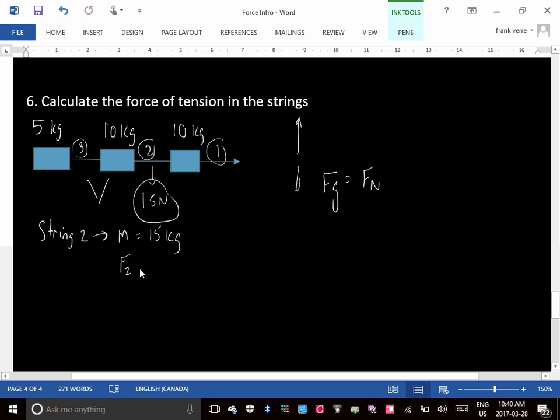We're told that string 2 has a force of 15 newtons, and string 2 pulls these two masses, which have a combined mass of 15 kilograms. So if I was to say to you, imagine that we did not have the first block, we ignored it, what would be the acceleration of these two blocks together? Right, so it would be a equals F over m, which is 15 over 15, which is 1.